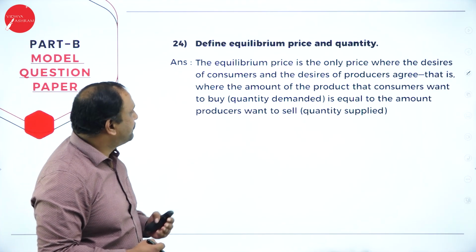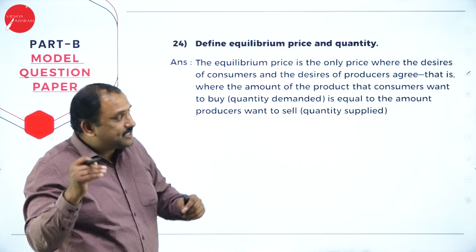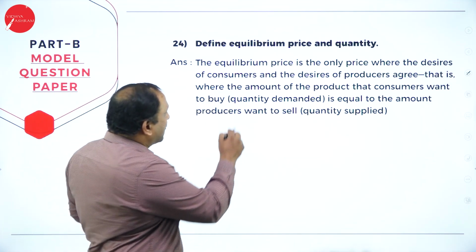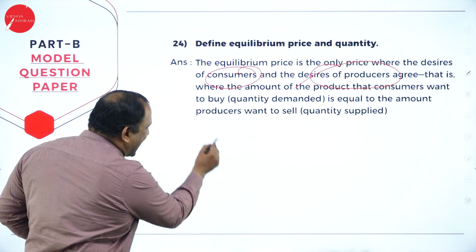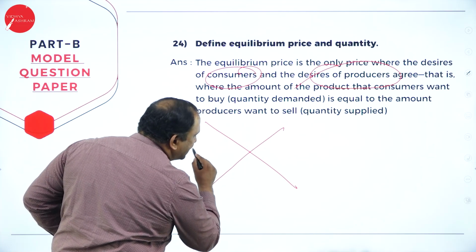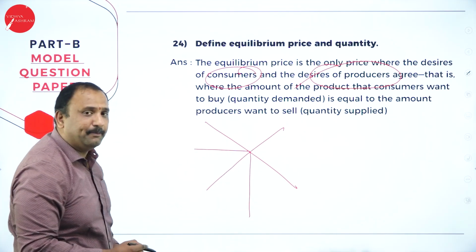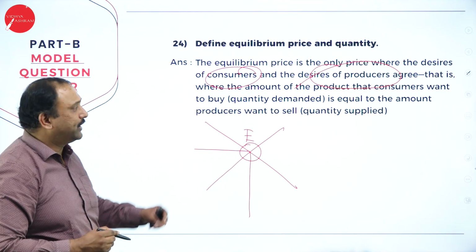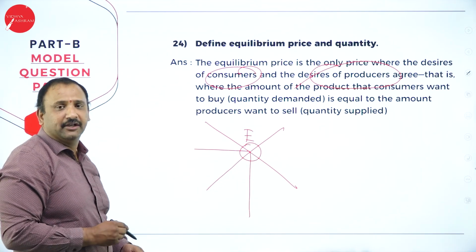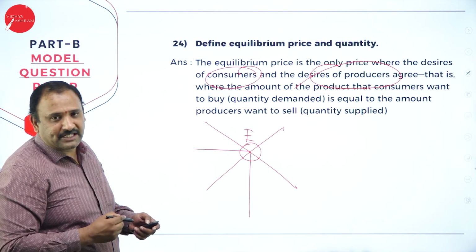Followed by equilibrium price and quantity. The price where you see that the desire of consumers and the producers agree. So there is a point at which the consumers and the producers will meet up. This point exactly is the equilibrium price altogether. So that's what we are seeing here in terms of equilibrium price and quantity.